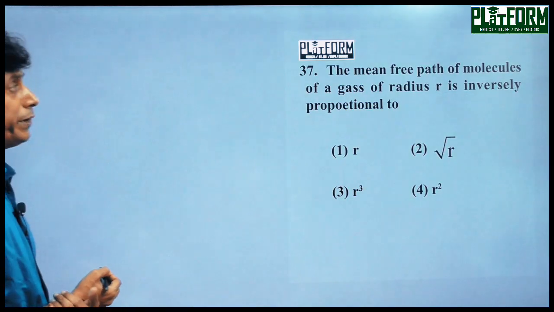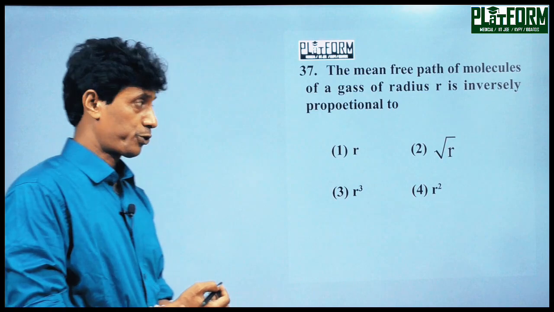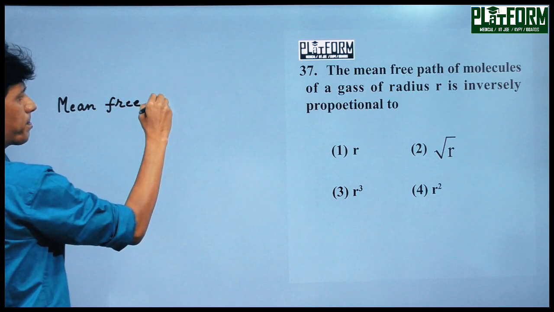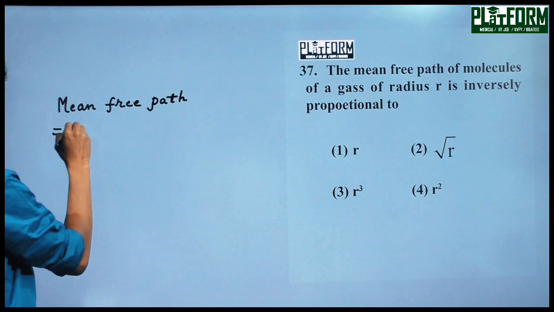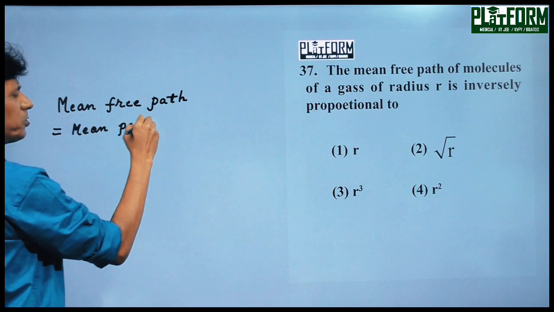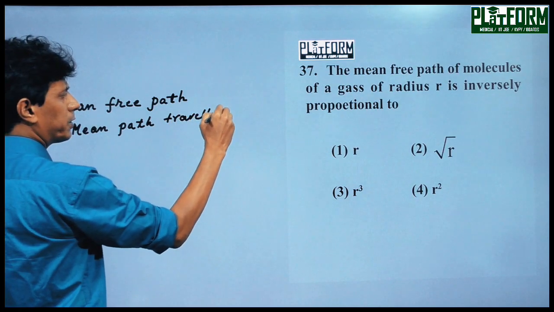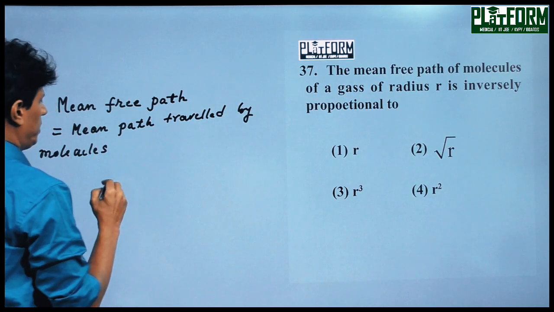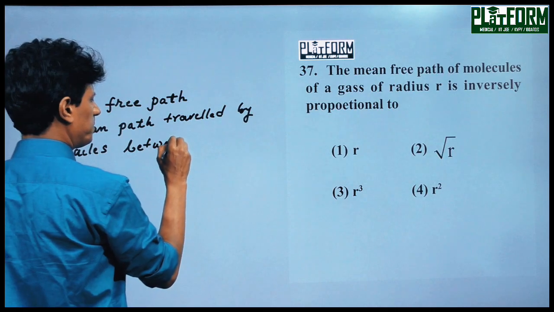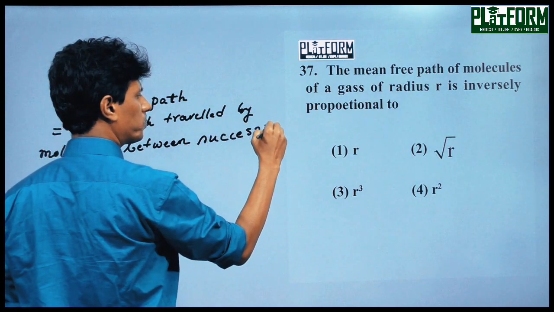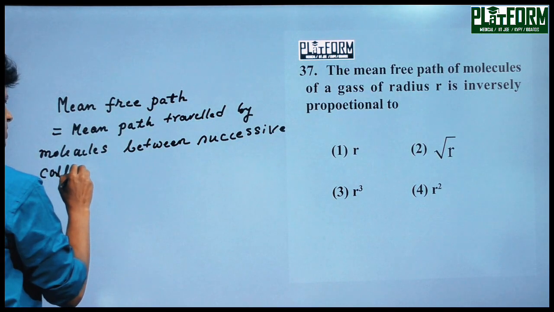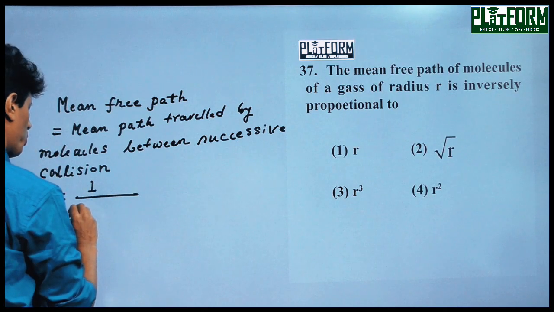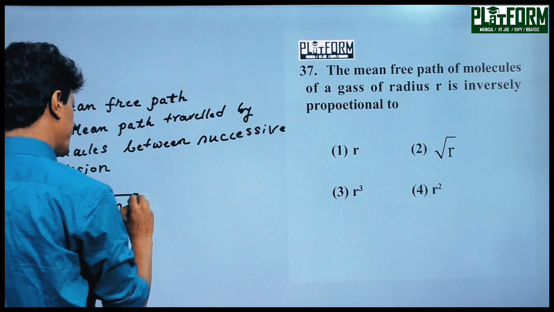Next problem of this video session: the mean free path of molecules of a gas of radius r is inversely proportional to... The mean free path is the mean path traveled by a molecule between successive collisions, and it is 1 by root 2 pi n d squared.